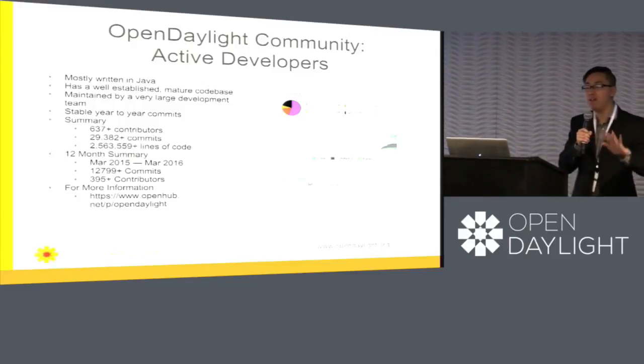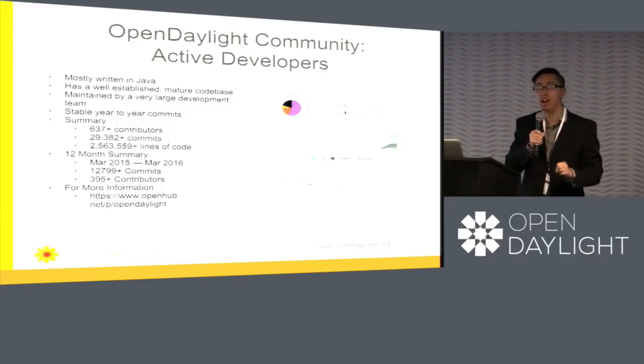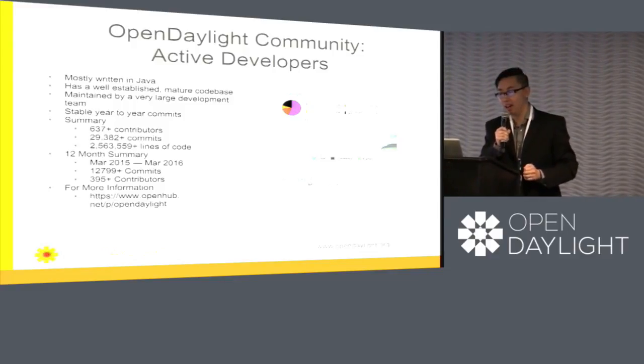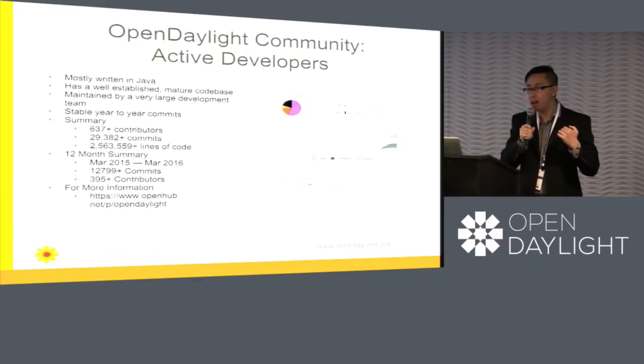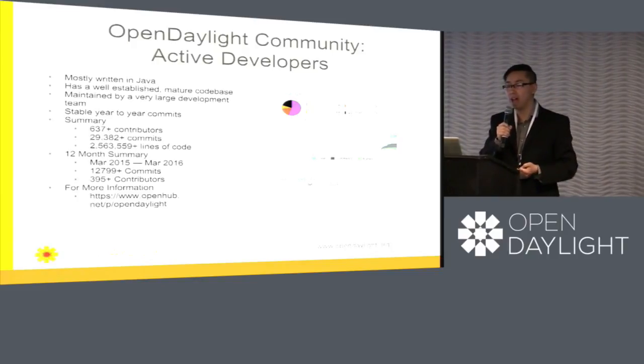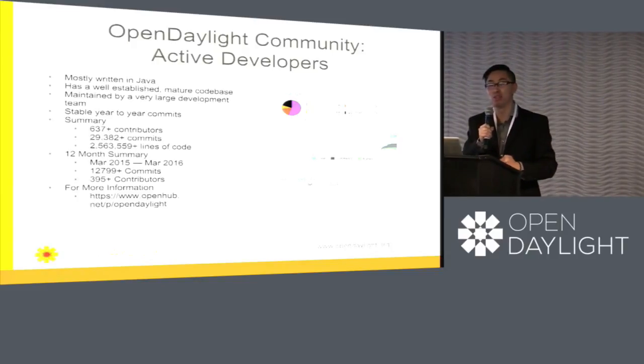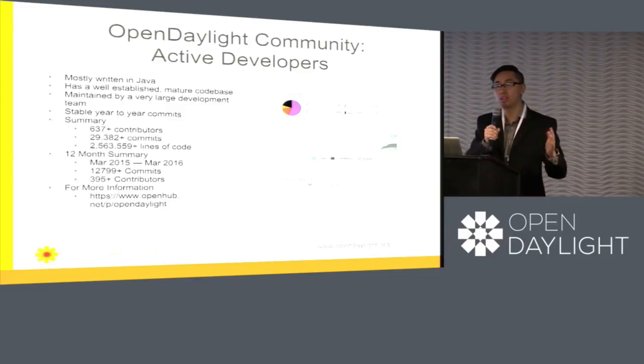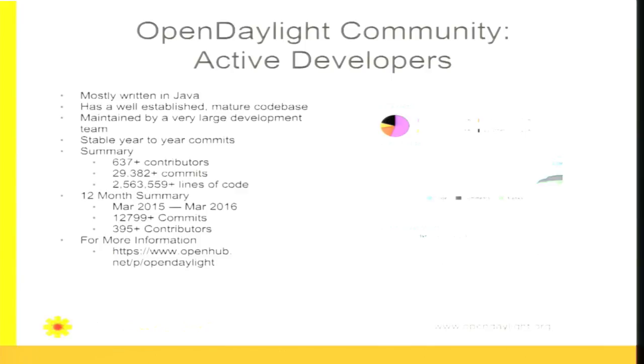OpenDaylight has a very large community of developers. We've had at least 637 contributors, and maybe more, contributing code since the beginning of OpenDaylight, writing over 2 million lines of code.